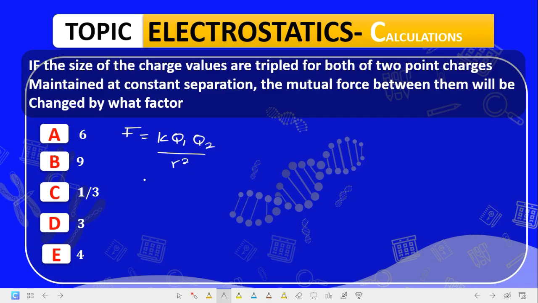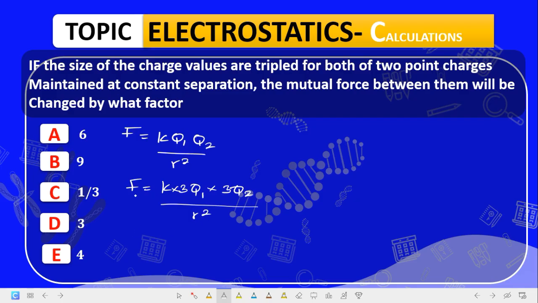Now if Q1 is tripled, we have 3Q1, and Q2 is also tripled, so this will be 3Q2. The distance of separation still remains the same, so we have R square.